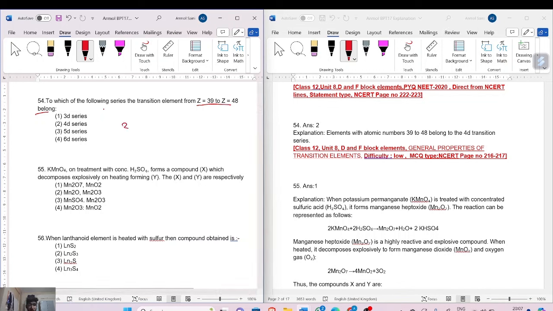We know the 3d series is from atomic number 21 to 30, the 4d series is from atomic number 39 to 48, and the 5d series is from atomic number 57, then 72 to 80. So Z = 39 to 48 belongs to the 4d series. Option 2 is correct.